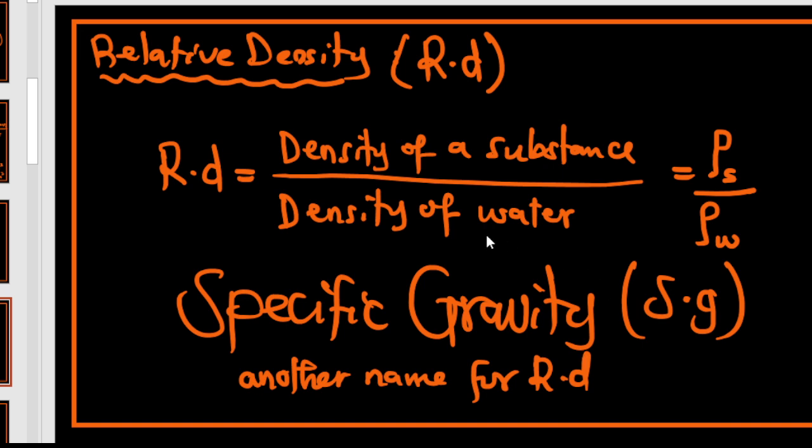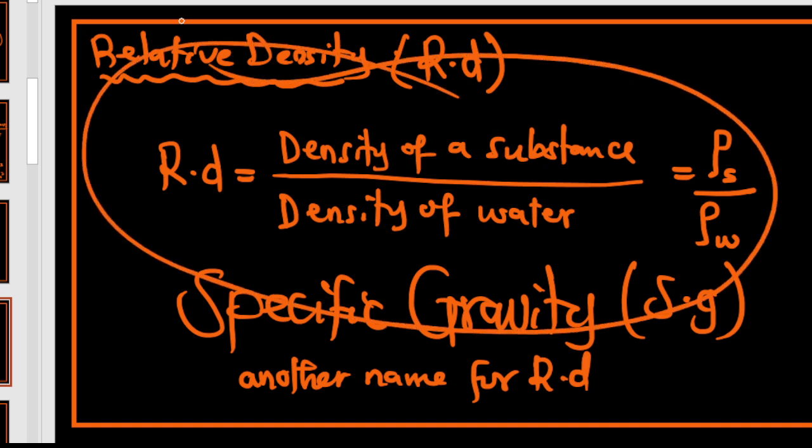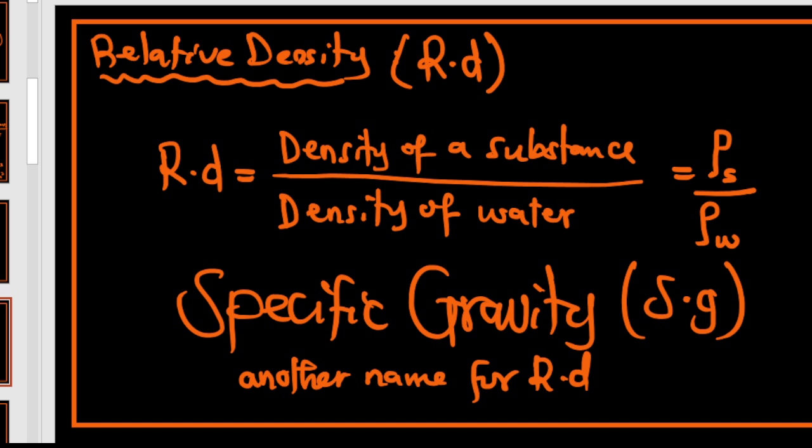Now, based on what you have seen here, what should be the unit of relative density? Okay, no unit. Good, that's correct. No unit, because it's a ratio of the same quantity. The units cancel out to give no unit. So no unit also implies that it is dimensionless.